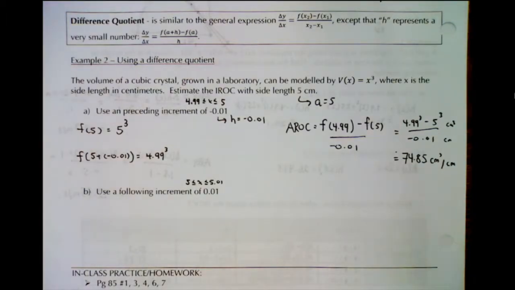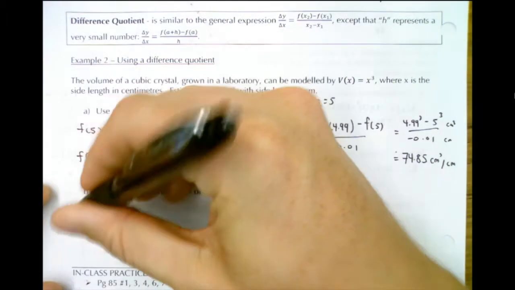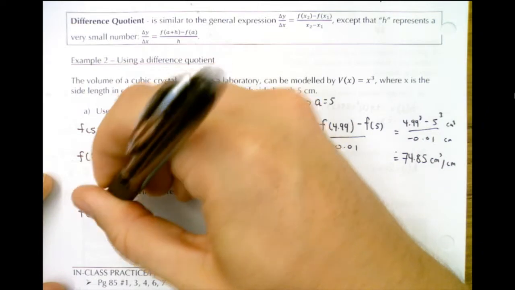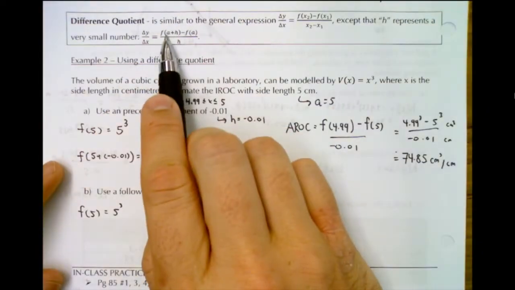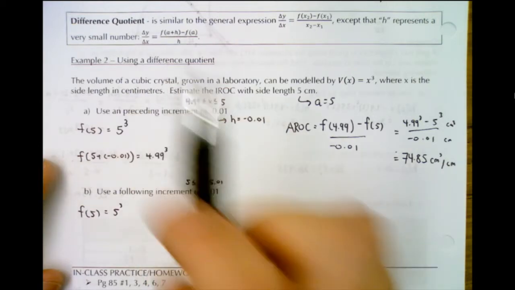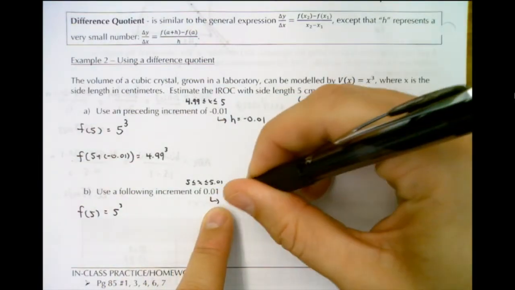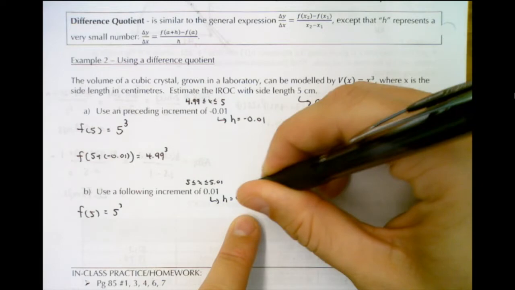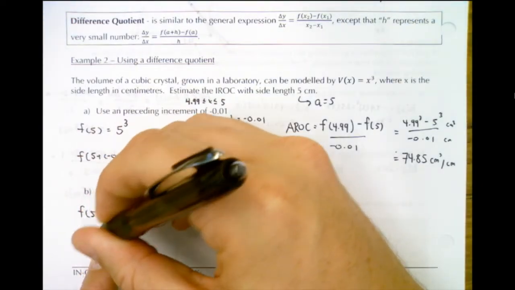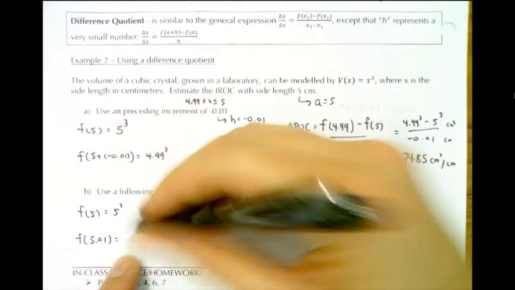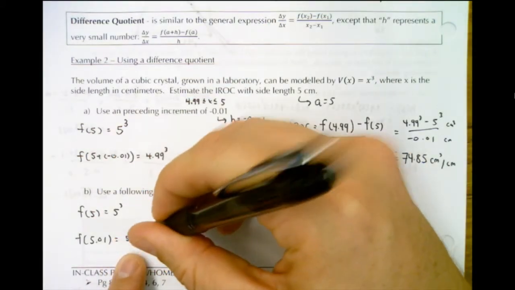Just after 5, it would be a similar setup. We know the function at 5 is just 5 cubed. We need also the f at a plus h, our new h, our following increment, which is 0.01. So we also need f at 5.01, which would be 5.01 cubed.